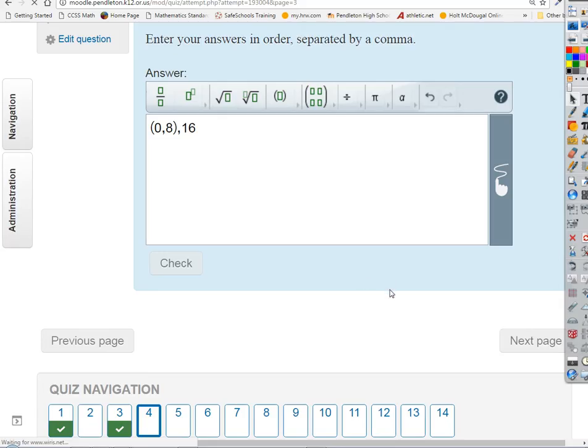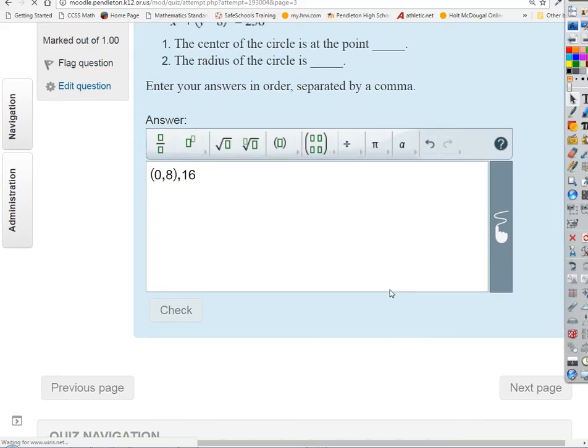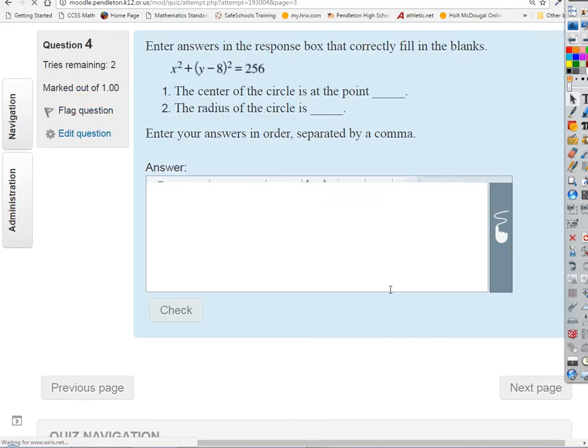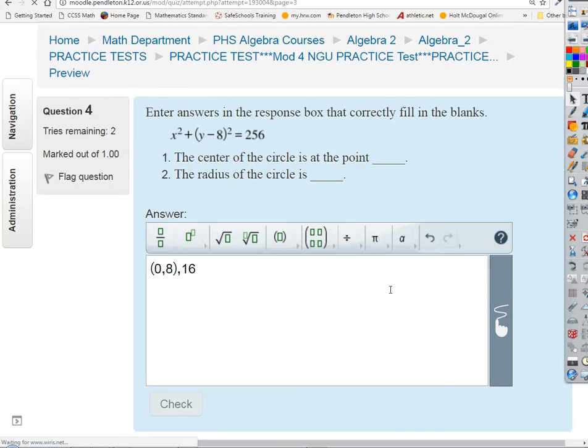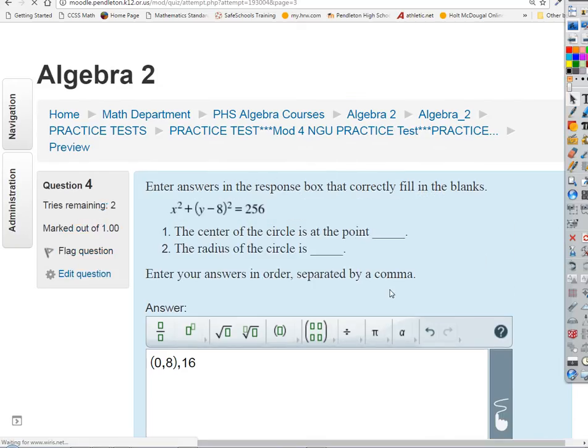Okay? I don't know why it's taking so long to grade, but questions on that one? No, I just take out those guys. Before that? They have it written down. Yep. How come it's 16? Because that's r squared. So if I square rooted 256, right?